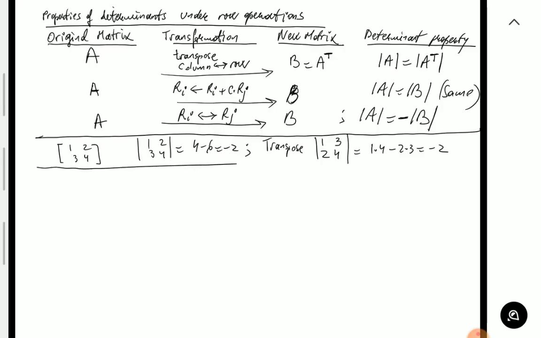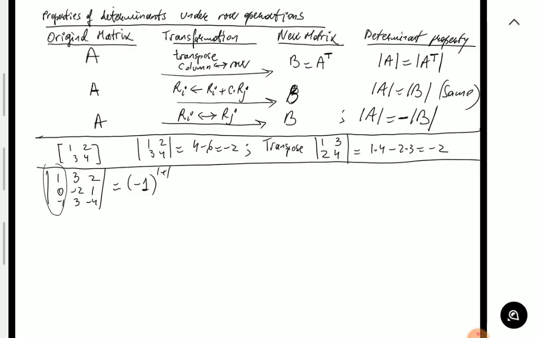And if I go back to the previous example with the matrix 1, 3, 2, 0, minus 2, 1, negative 1, 3, negative 4, and I go by the first column as the cofactor expansion, so minus 1 to the power 1 plus 1 times the minor, which is negative 2, 1, 3, minus 4.